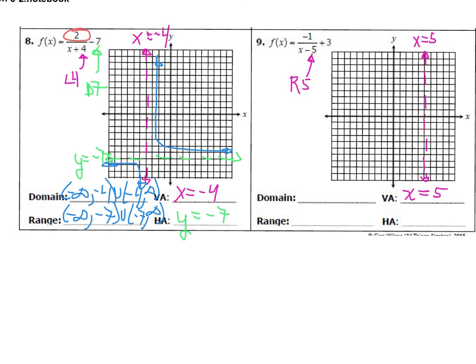Make sure you're labeling them. And then of course our horizontal asymptote is going to move up 3. So that's going to put us here at y equals 3.